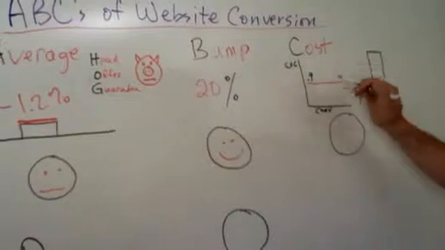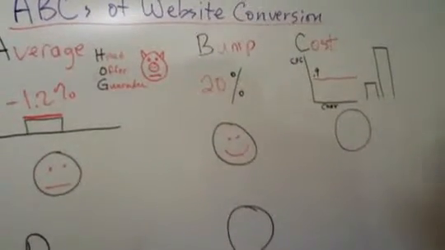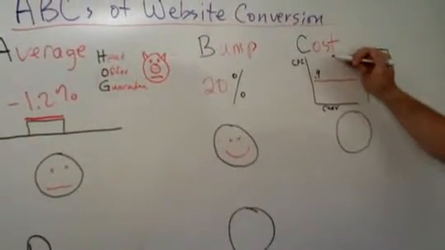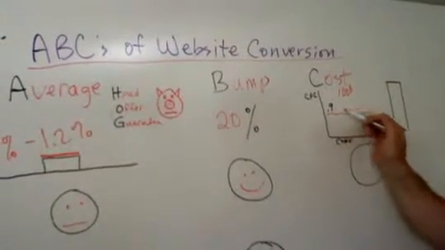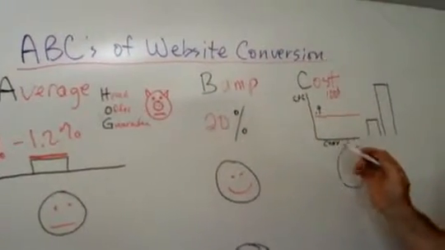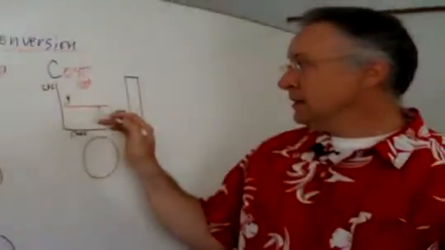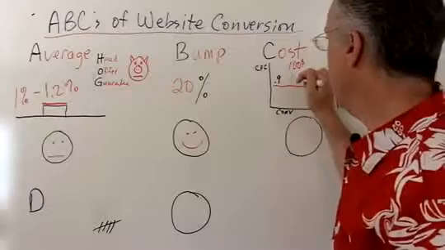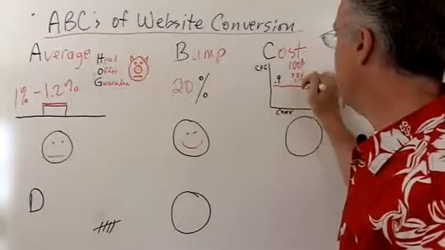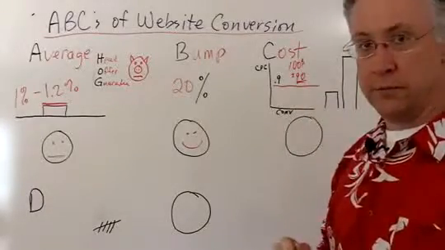So let's keep this really easy. Let's say for every conversion you're bringing in $100. And let's say your cost per conversion is 90% or 0.9. That means you're paying $90 per conversion.